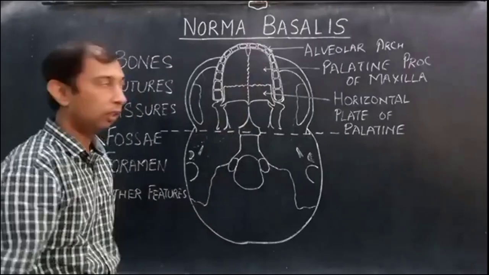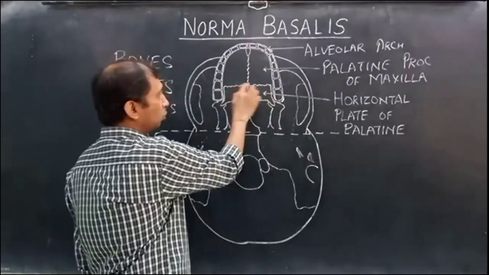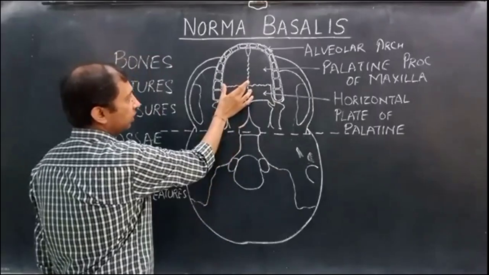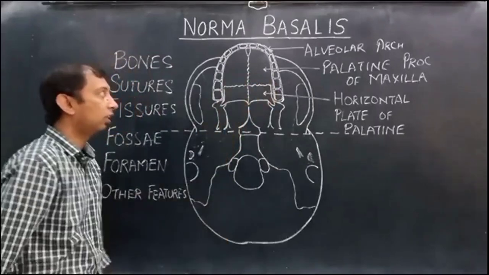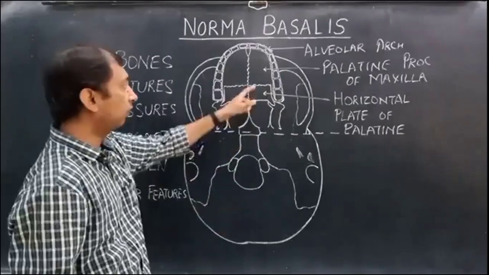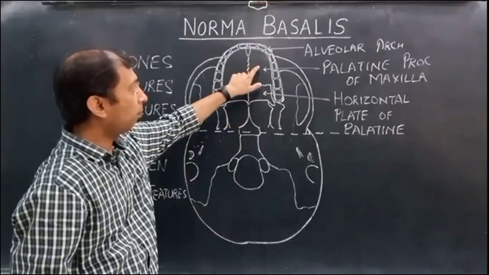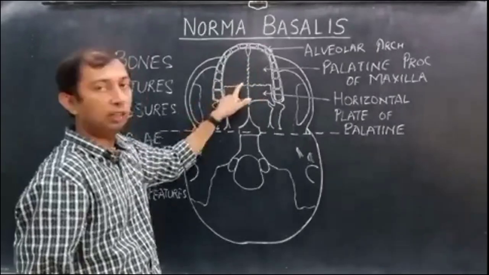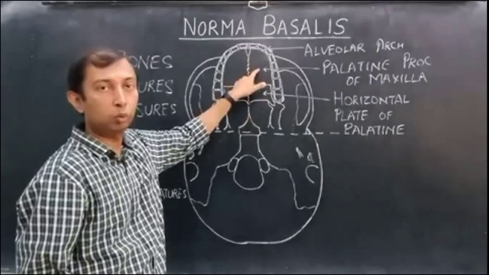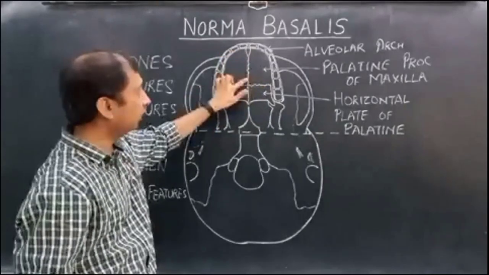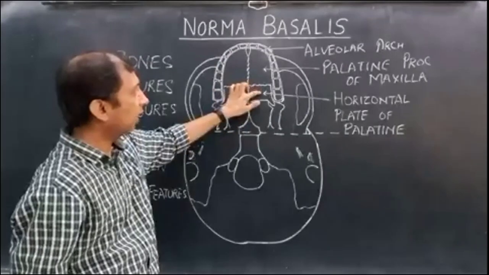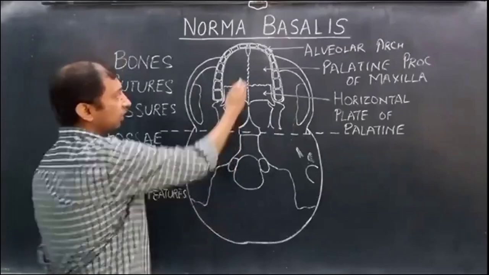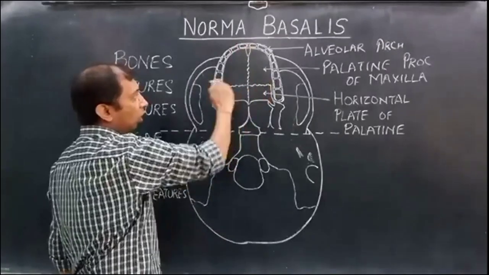So this is the intermaxillary suture and interpalatine suture. What will be the name of these two sutures, this much here, and this much here? Simply we can give the name palato-maxillary suture. So the left and right palato-maxillary suture, right? So intermaxillary, interpalatine, and palato-maxillary suture, and together we can see that they are forming a cross.